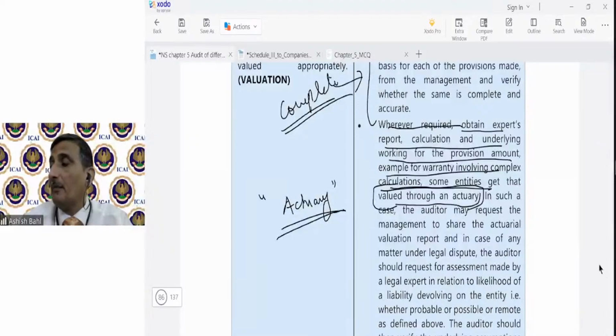So actuaries make probability of risk assessments, that given the past experience, what is the probability of certain things happening. So they are expert in mathematical skills, they are expert in statistical skills, in developing models.